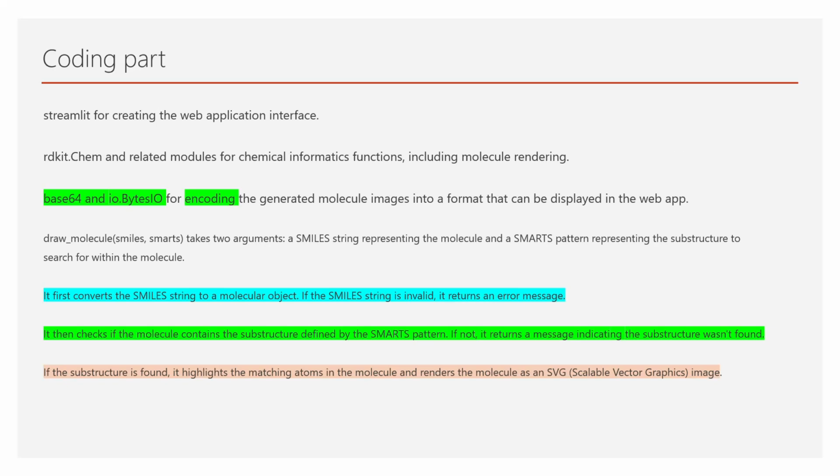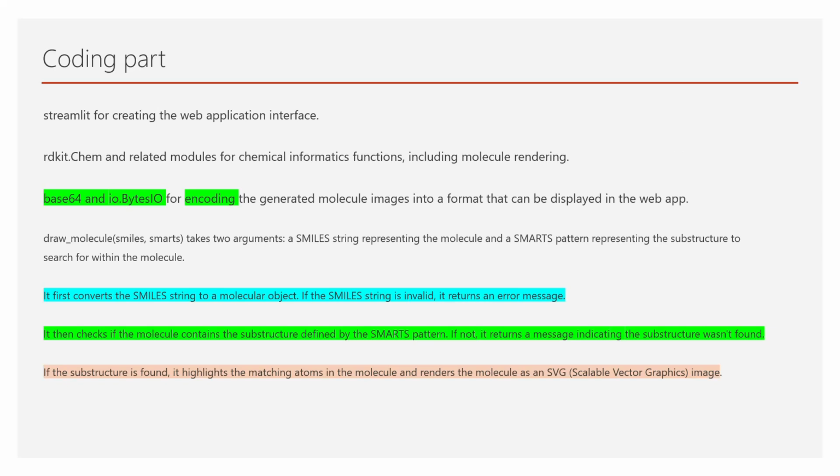So RDKit.Chem and related modules for cheminformatics functions, including molecule rendering. Again, there is one important part being covered, that is base64 and BytesIO for encoding the generated molecular images into a format that can be displayed in the web app. Very important part, because we are encoding it in such a pattern so that it can be visible in the web app itself.